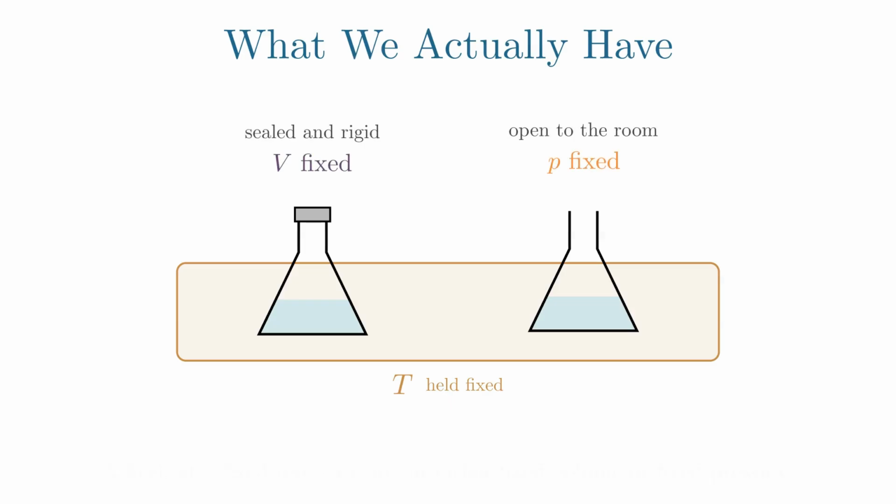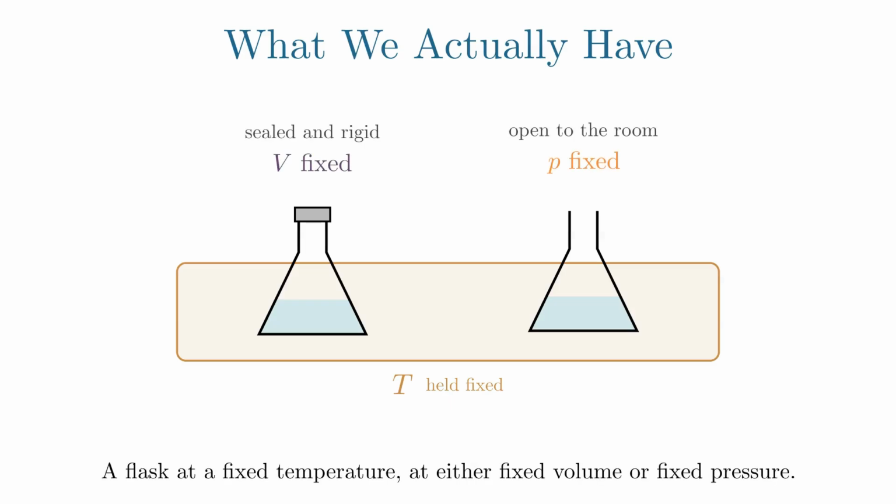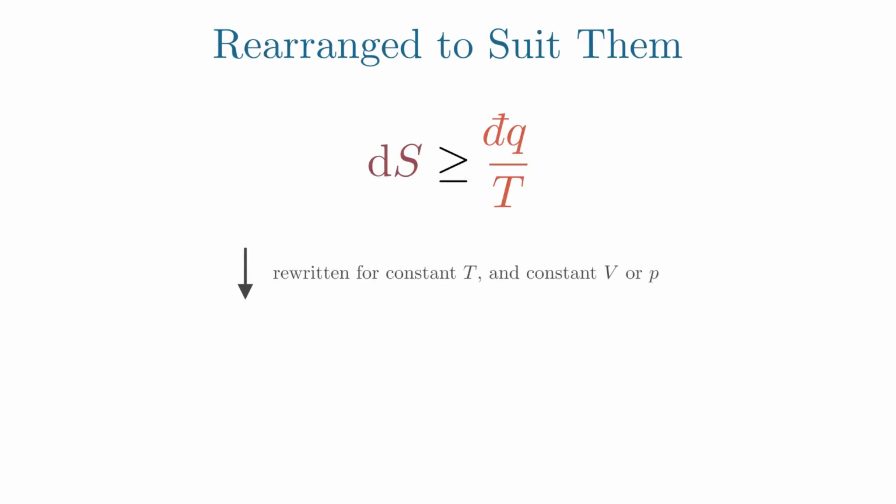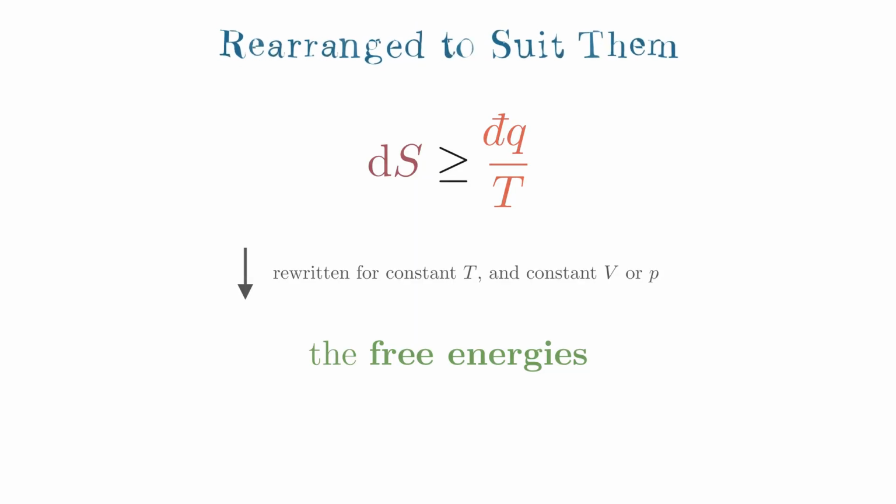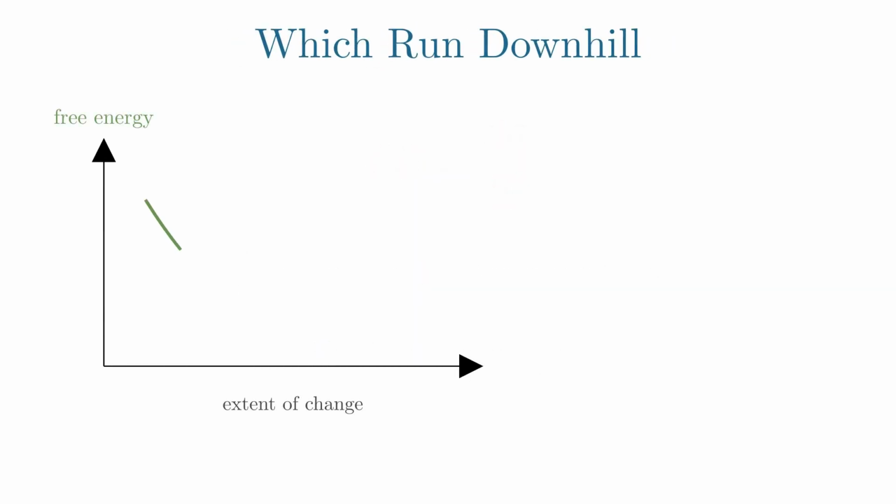So what we actually have is a flask held at a fixed temperature at either fixed volume or fixed pressure. In the next chapter, we rearrange the Clausius inequality to suit those conditions and obtain the free energies, which are state functions of the system alone, whose decrease marks a spontaneous change. They contain no new physics, they are the second law written in a form so we can take it into the lab.